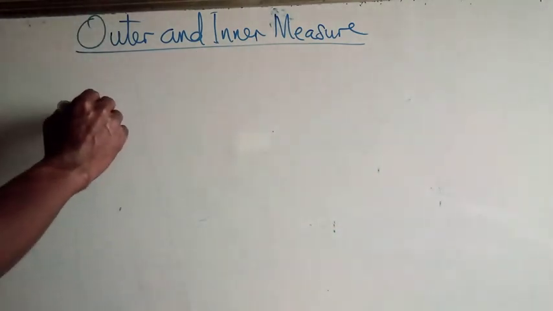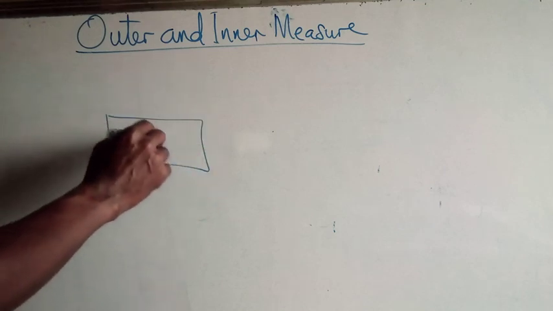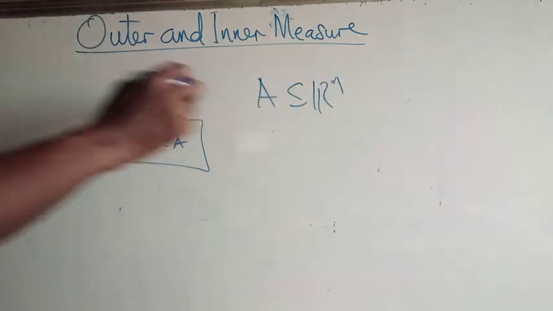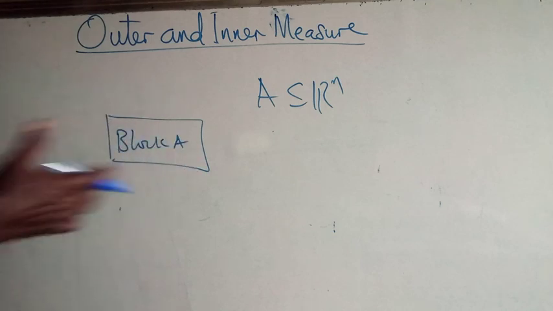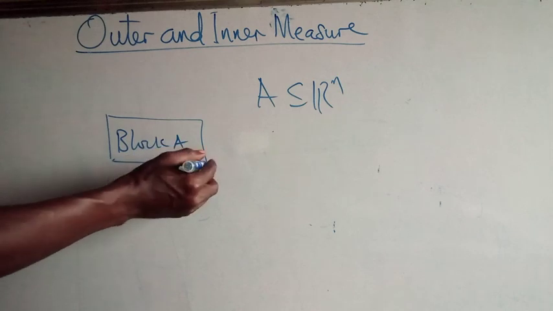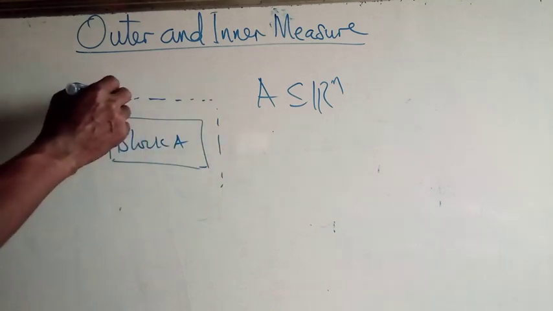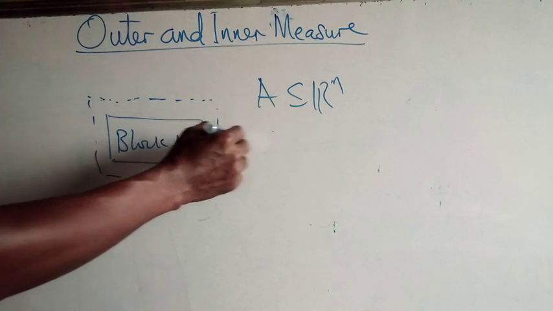This is the blob A, and A is a subset of R^n. Now, we want to cover this particular object, the jelly blob, placed on the table. And obviously, for us to do that, we use something like plastic material that is rectangular in shape to cover it up.